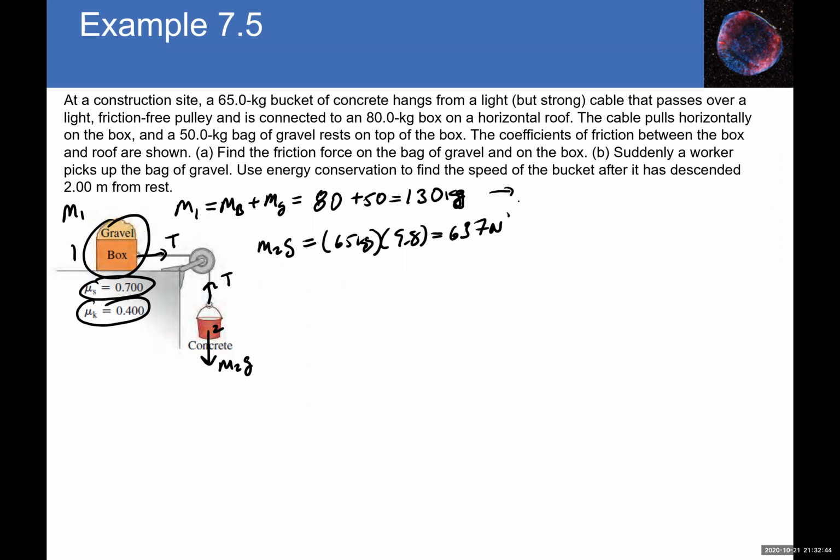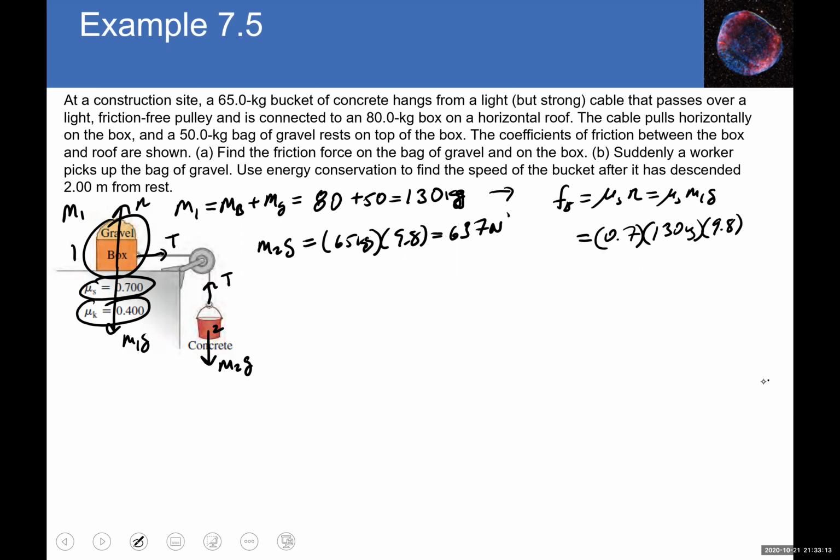Let's do this then. I know that static friction equals mu s times the normal force. If M1 is at rest, sitting on a horizontal surface, then the normal force equals M1G. That means it equals mu s times M1G, which is 0.7 times 130 kilograms for the total mass times 9.8.